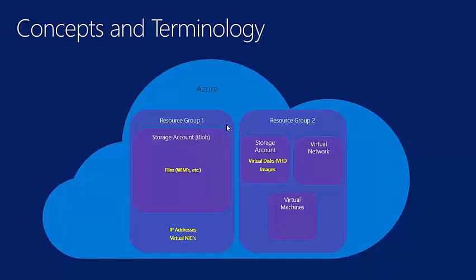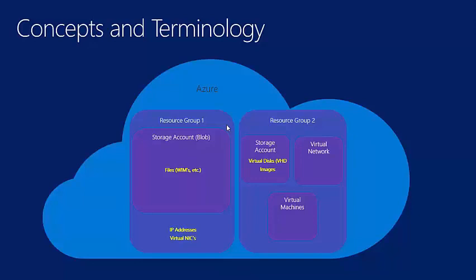And in resource group 1, I have a few things. I have some IP addresses that might be assigned, some virtual NIC details that might be assigned. Those are specifically located in the resource group. They are not part of the storage account in resource group 1. The storage account itself is also a resource in resource group 1.